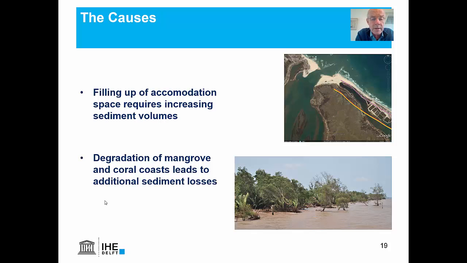And if the sea level rises, then that creates extra space that has to be filled up with sediment, and that usually comes from the coast. And degradation of mangrove and coral reefs leads to sediment losses, especially the fine sediment that is captured by mangroves, which is totally helpless if the protective systems are not there anymore.